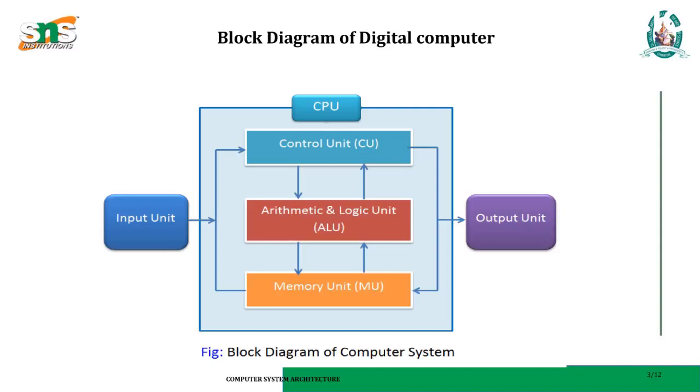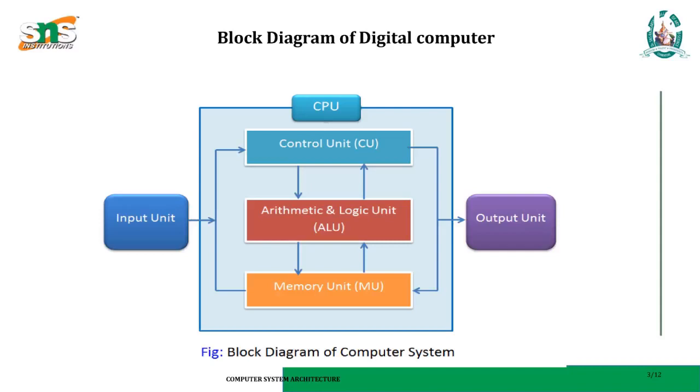The information we send gets into the computer through the CPU, where you have an arithmetic logic unit and a memory unit. From there it is sent to the output unit. The output unit is something like a monitor, a printer, or a plotter. Whatever information we see through it is called an output device. This is the block diagram of a digital computer.